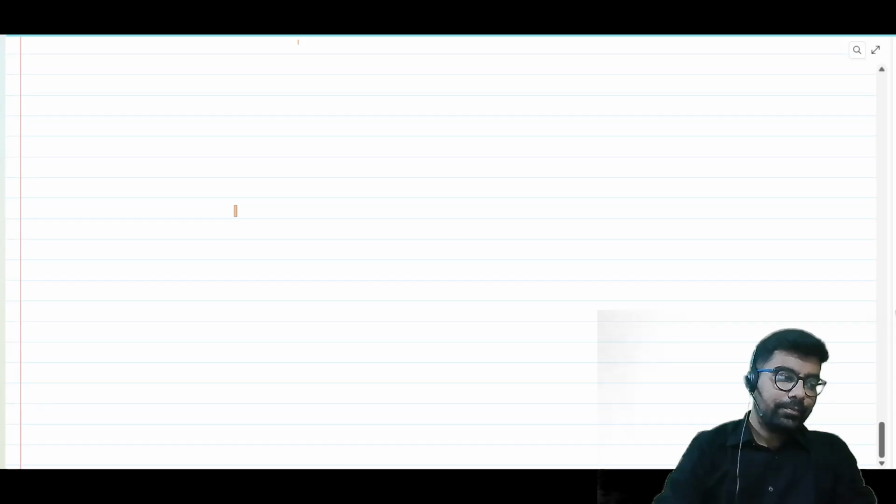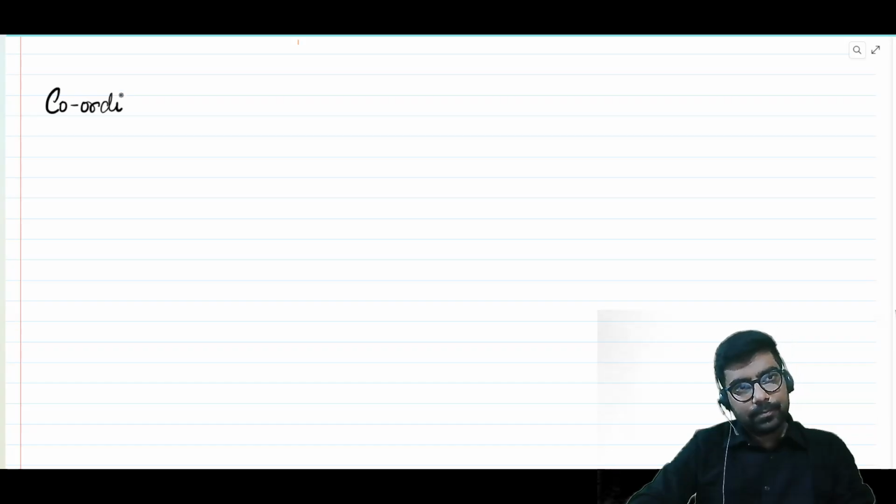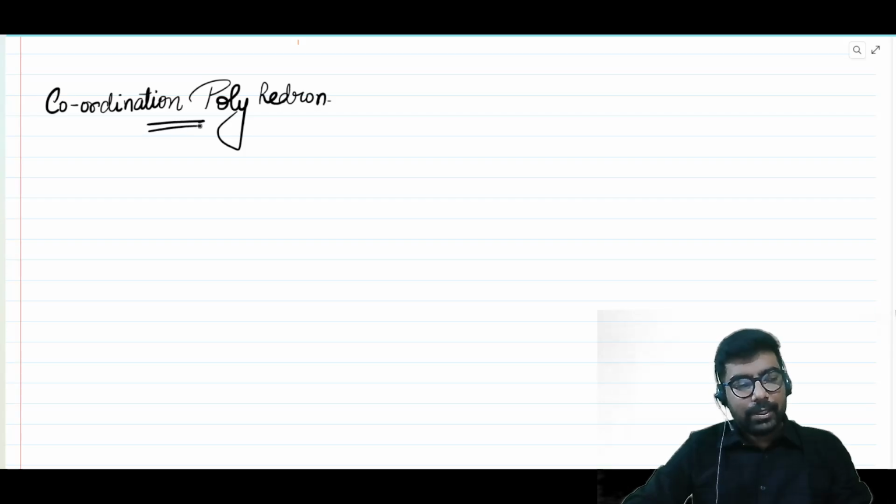And the last one is coordination polyhedron. What do we mean by this? We call it spatial arrangement.